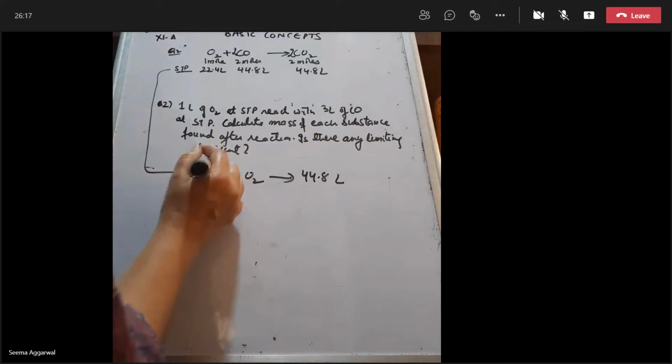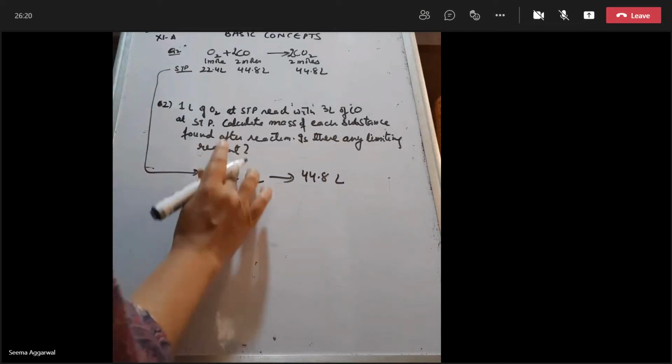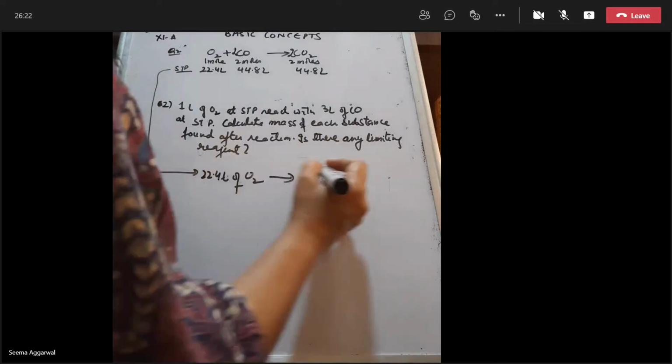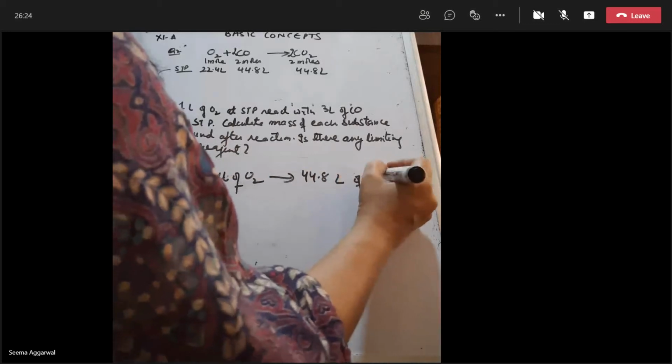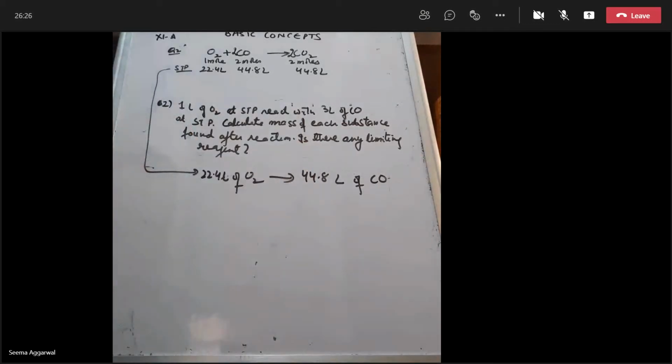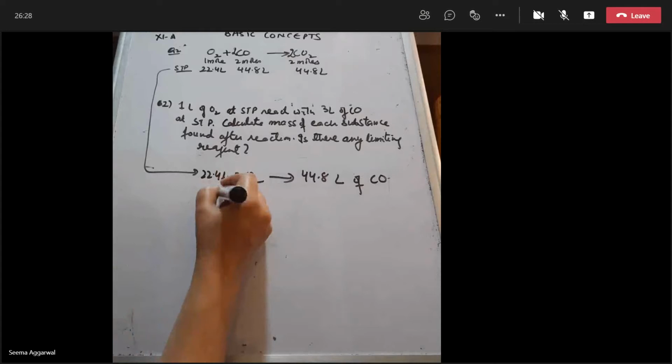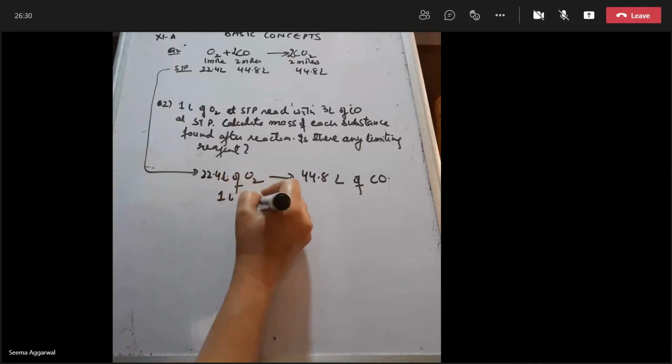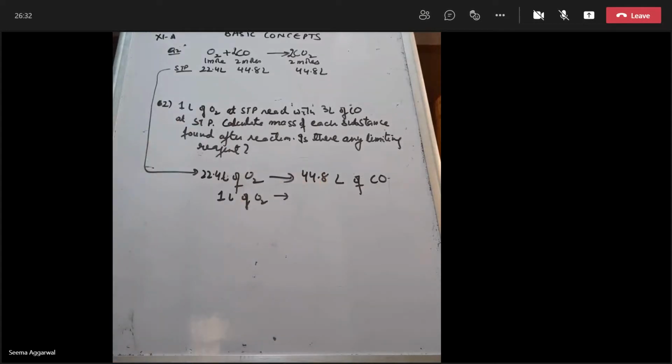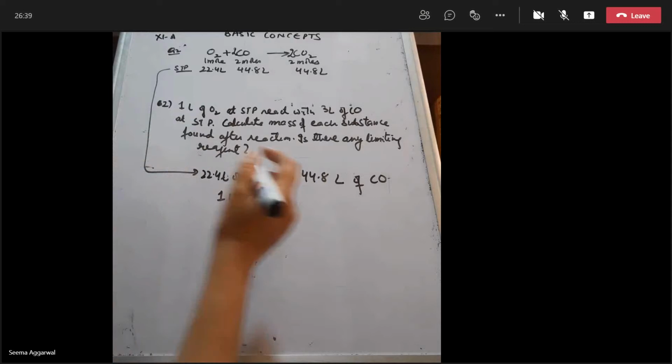Sorry, 22.4 liters of O2 gives 44.8 liters of carbon monoxide. So if we take 1 liter of O2, now what is the volume of carbon monoxide? Ma'am, 2 liters.